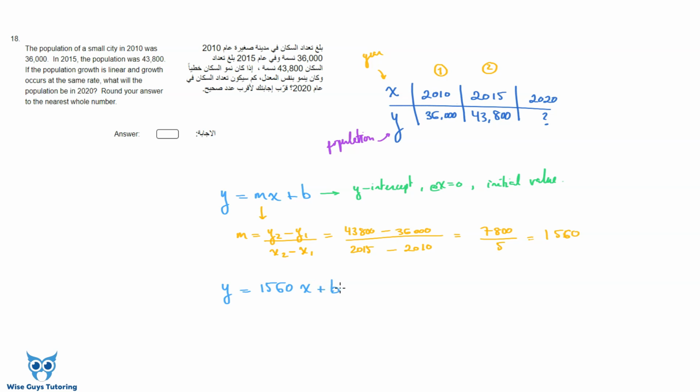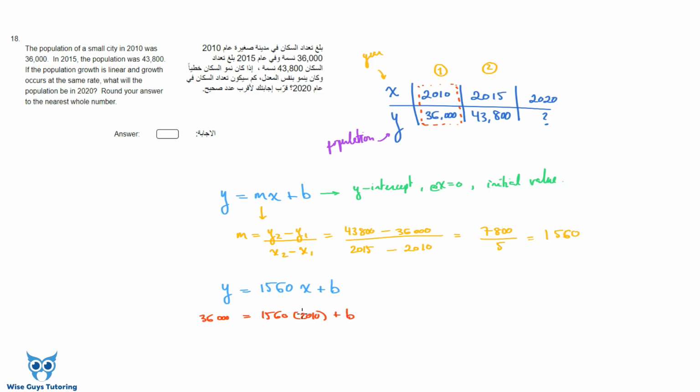How do I find b? Well, I know that this combination, let's say point number 1, with x being 2010 and y equal to 36,000, when I put these in here, this equation must be valid. It's got to be true, right? So this is 2010, and b will have to oblige. b will have to make itself some kind of value which will make this equation true.